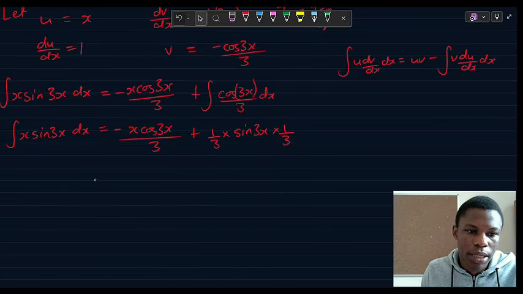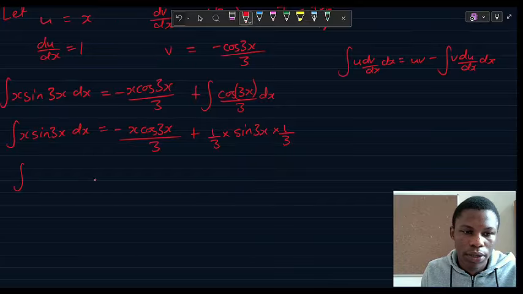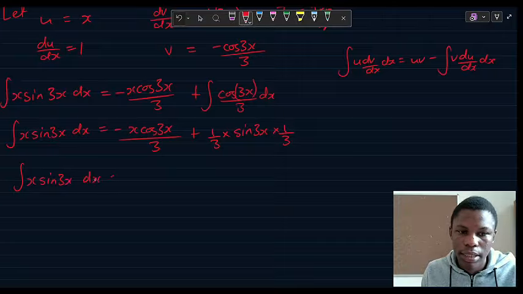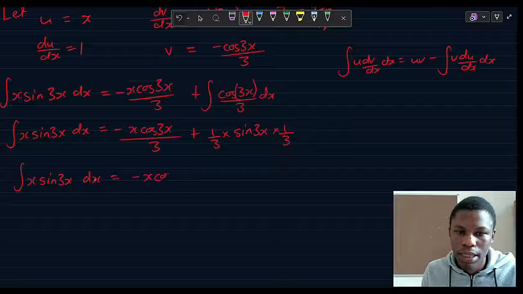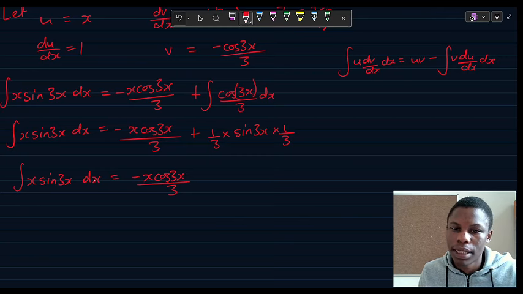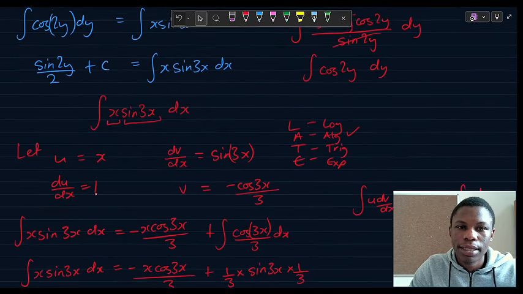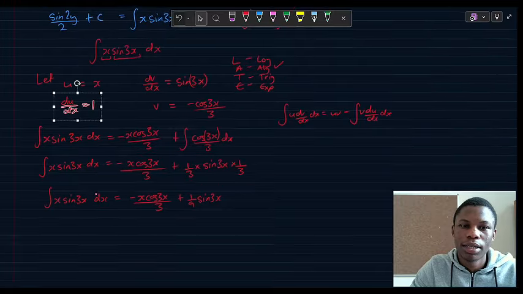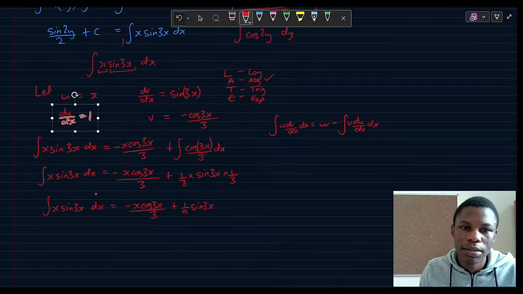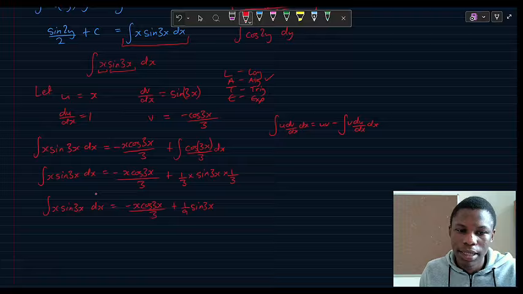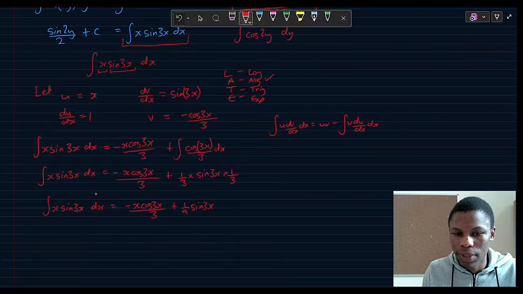So that means the integral of x sine 3x dx is equal to negative x cos 3x over 3. And I've got 1/3 times 1/3, so that's a 9th sine 3x. And that is the integration of that. So this part here is negative x cos 3x over 3 plus 1 over 9 sine 3x.